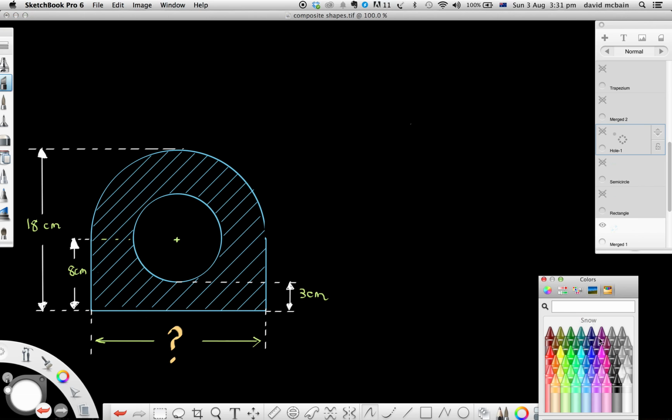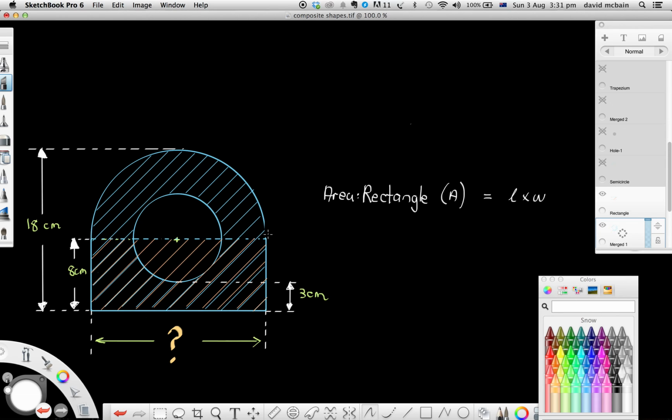Well, if we're going to do the rectangle, the area of the rectangle, which is shape A, that equals length by width. So, well, we know the width of the rectangle. If you remember, let's go back and have a look. There's our rectangle here in orange. We can see that its width is 8. But what's its length? We don't know its length.